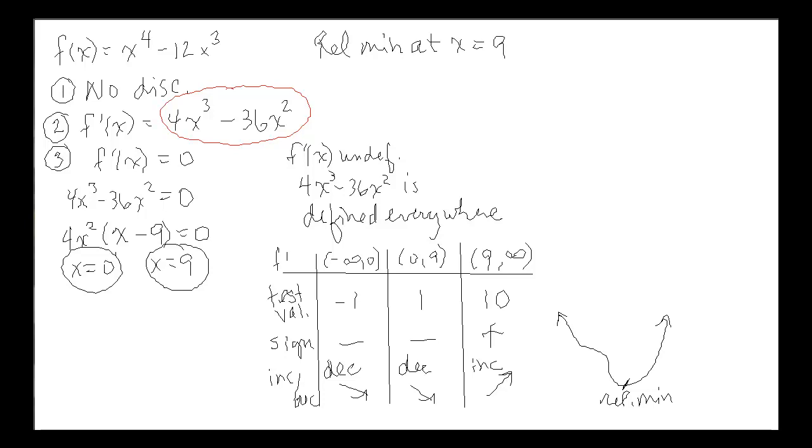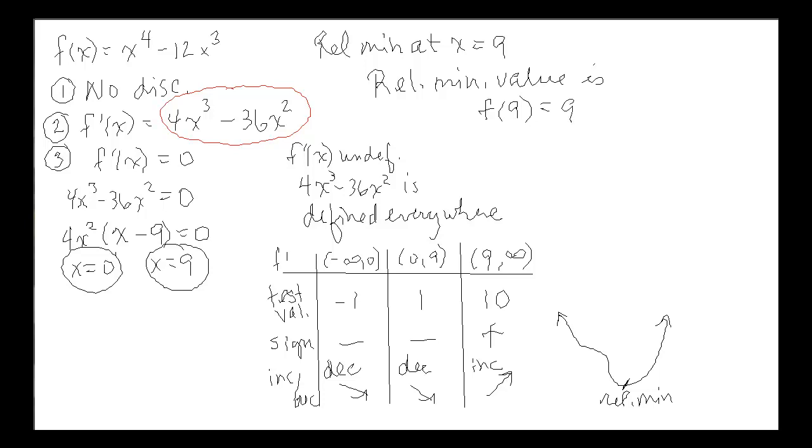And in fact, the relative minimum value is f of 9. Okay? So that'll tell us, if I plug that back into the original function, that'll tell us exactly how low that point really is.